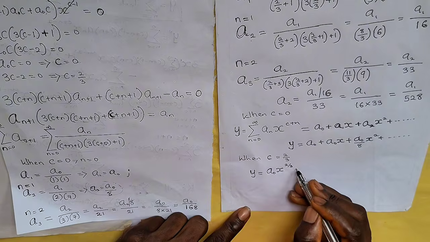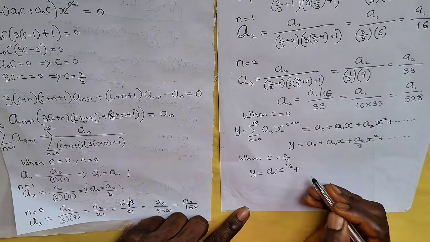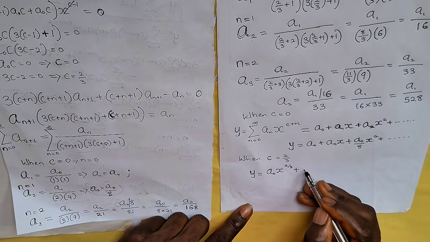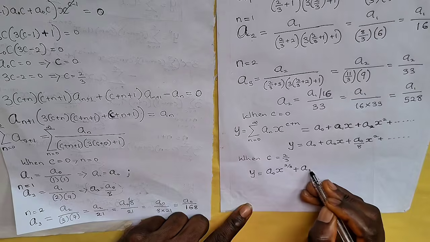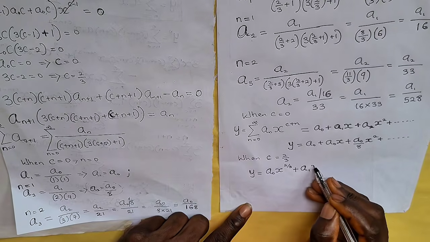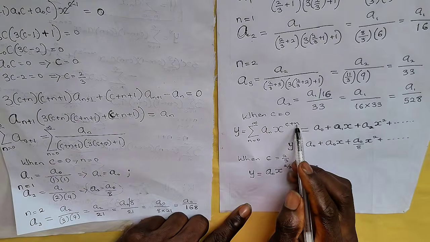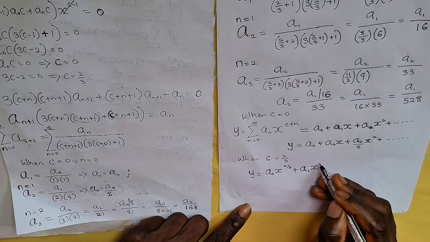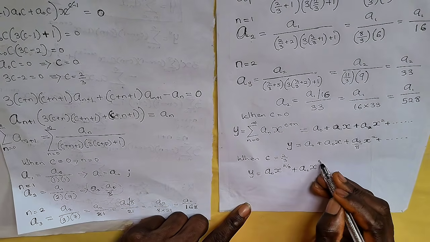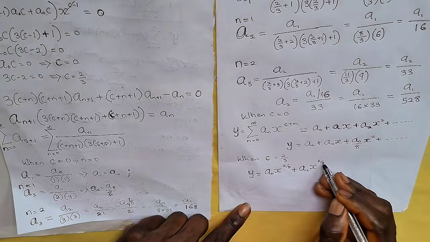Then plus a1, n is now 1, x to the power 2 over 3 plus 1. So what is it going to give us? It's going to give us 5 over 3.